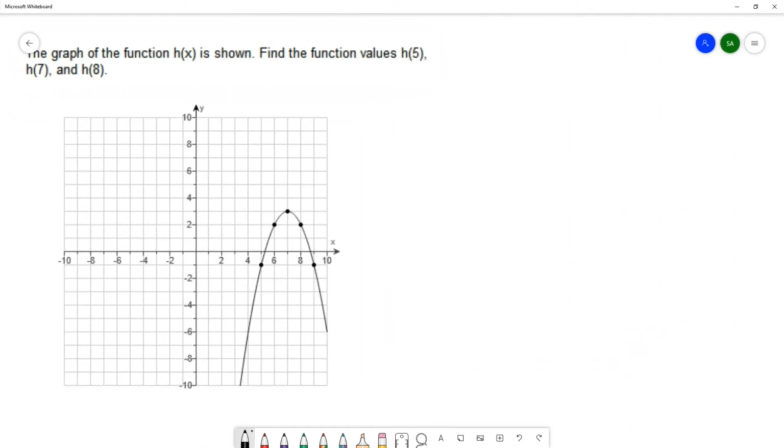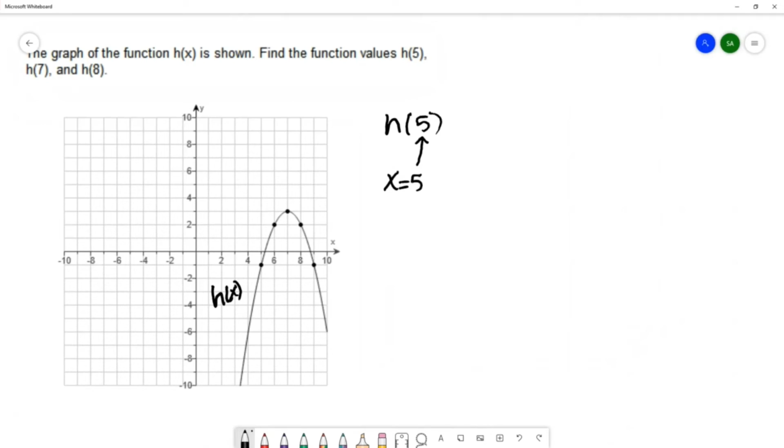So this picture that we see on this grid is our function h of x. So that line is h of x. And we want to find h of 5. So with this notation, what we have to understand is that the value that's given inside the parentheses is a given value of x.